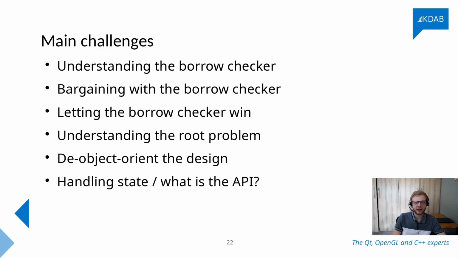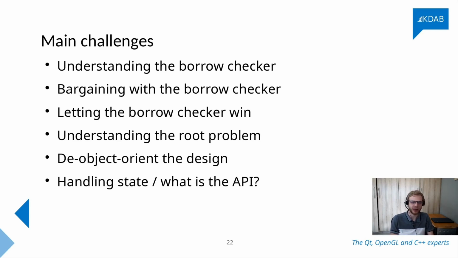And then, after I understood what the borrow checker does, why it's there, and how it works, I struggled with bargaining with it. It's kind of as I said with those event handlers. I knew why it was mad, but I didn't really know how to fix my problem. So I tried all these weird tricks and begged the borrow checker to let me do what I want.